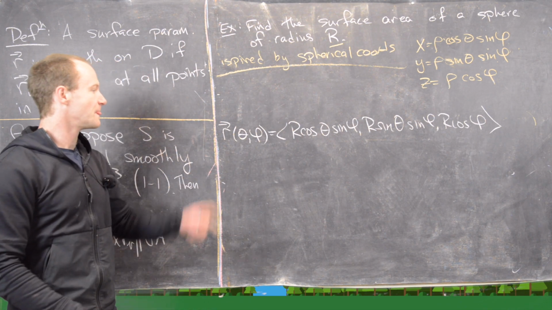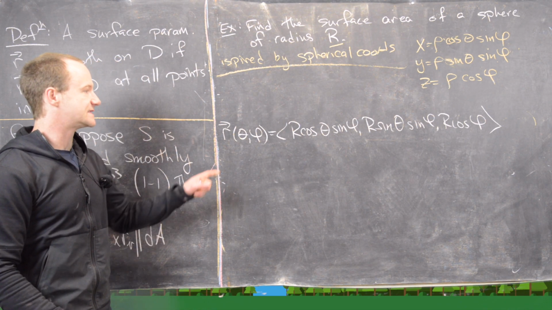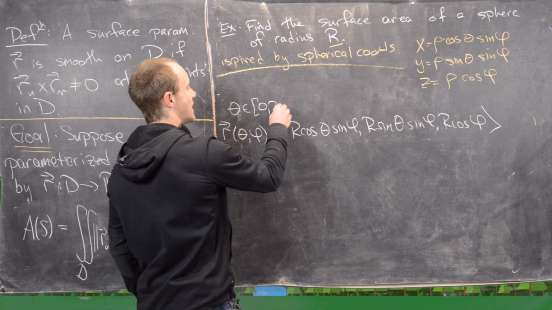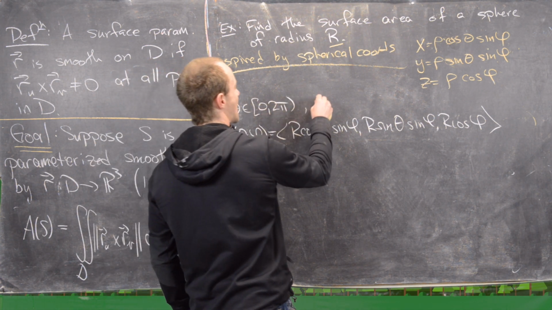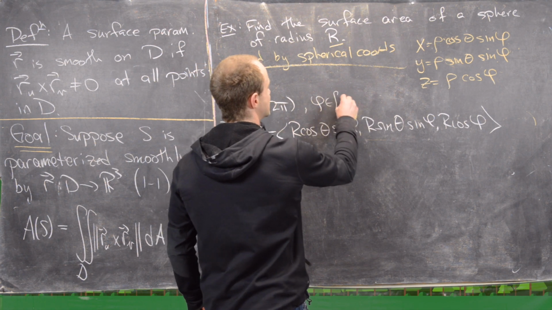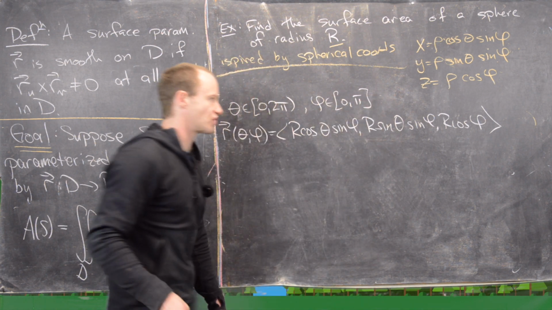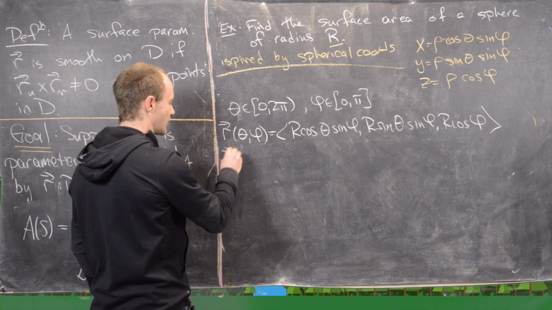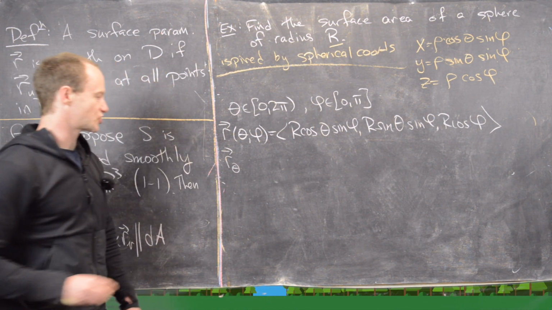Okay, fantastic. Another thing to notice is that we have theta going between 0 and 2 pi, and we have phi going between 0 and pi in order to draw the entire sphere. Okay, so now let's go ahead and calculate these partial derivatives.